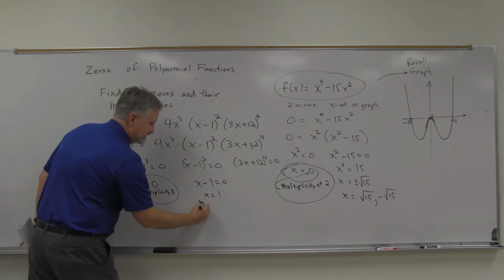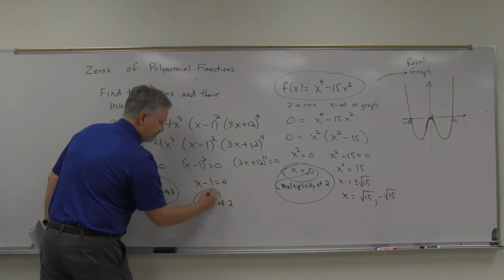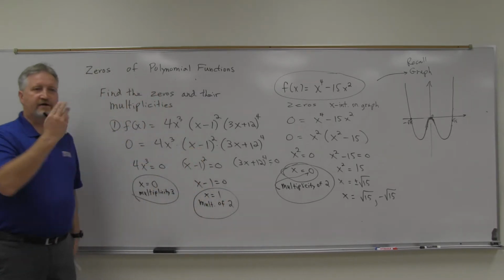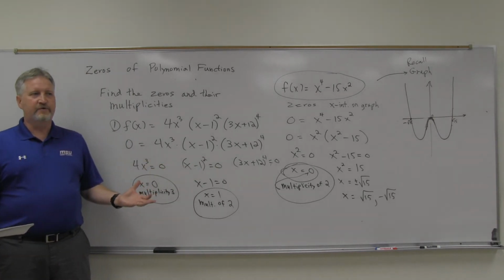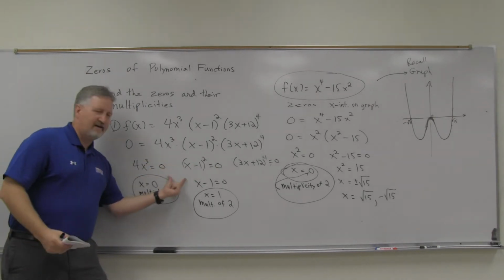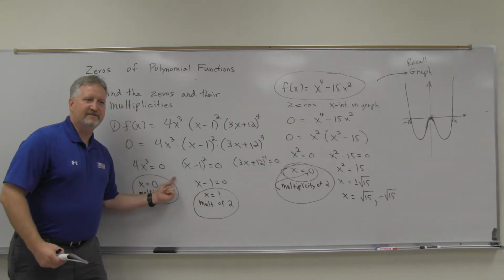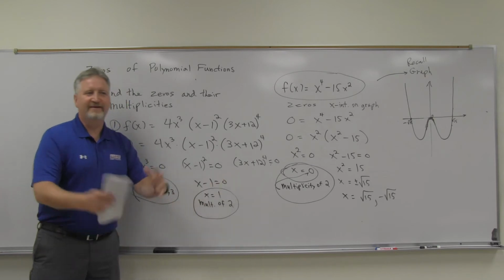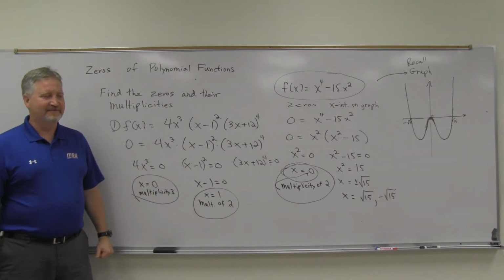But what's the multiplicity? Multiplicity of 2, because it's a square. It occurs twice. You don't have to write it out twice, but that's technically what we could do. It's x minus 1 times x minus 1, and then I'd have x minus 1 equals 0, x minus 1 equals 0. But you don't have to do that. Just solve it once and say you've got a multiplicity of 2.